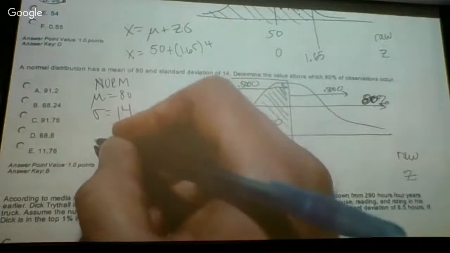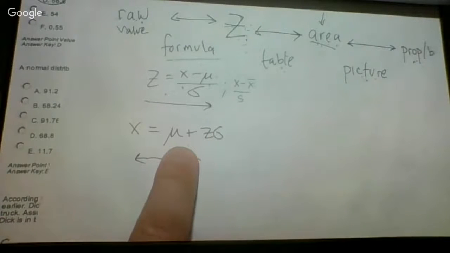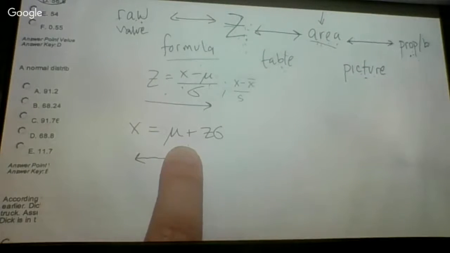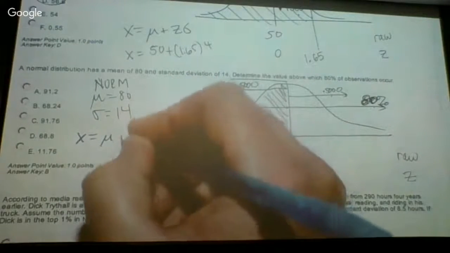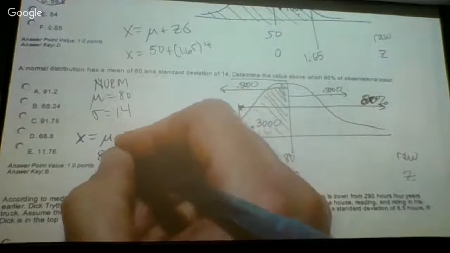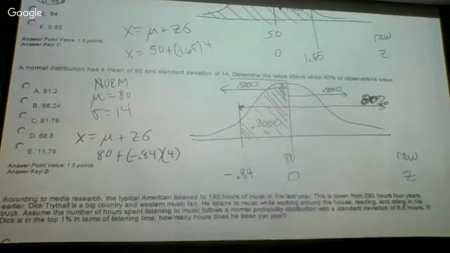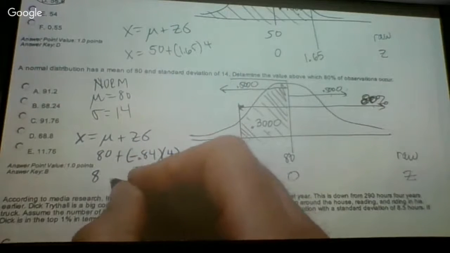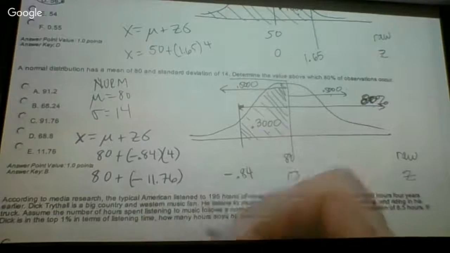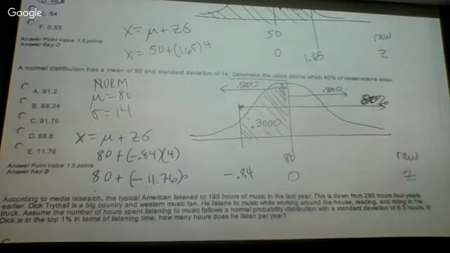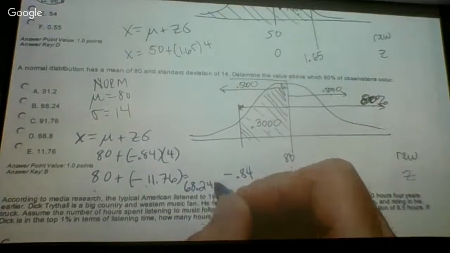But this formula is the one we need to apply here, being mindful to keep the z-score negative: x equals mu plus z times sigma. Mu is 80, z is negative 0.84, sigma is 4. 80 plus a negative 11.76 is the same as 80 minus 11.76, or 68.24.